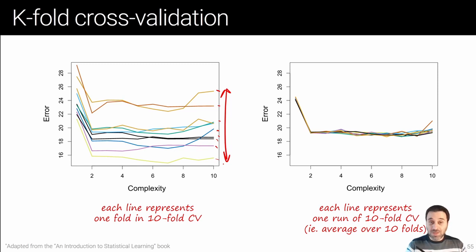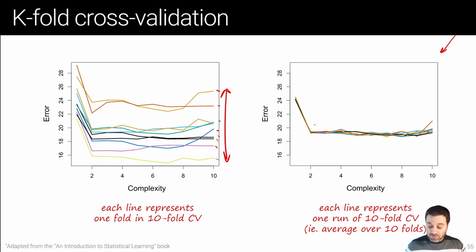Just depending on which specific partition of the data you look at, you may have a high or a low error. What do we do? Well, we average those 10 lines into only one. And so here on the right, what we do is the 10-fold cross-validation process repeated many times so that you see that the variability decreases. Each of those lines represents the average across 10 folds.